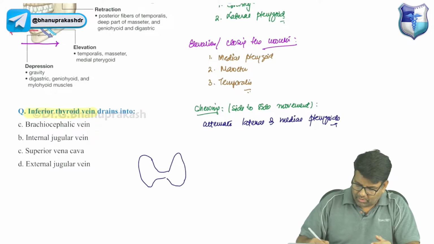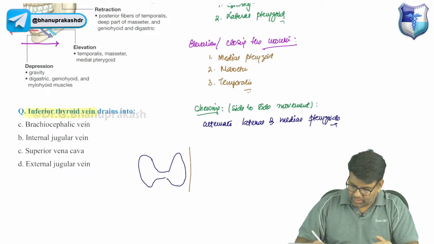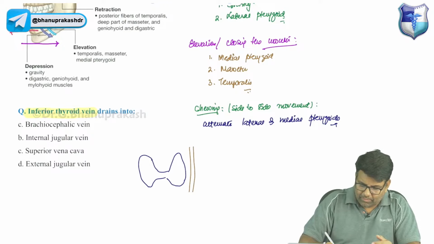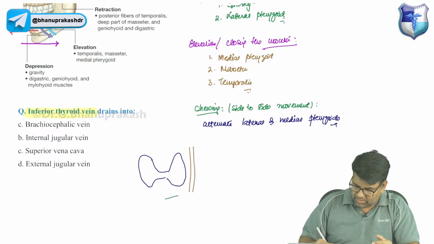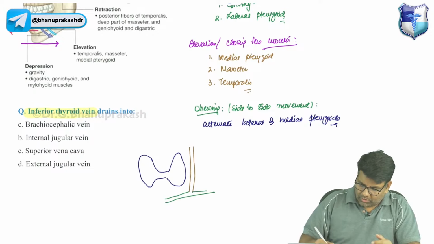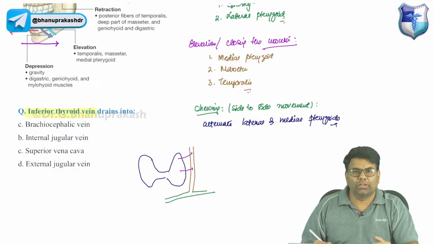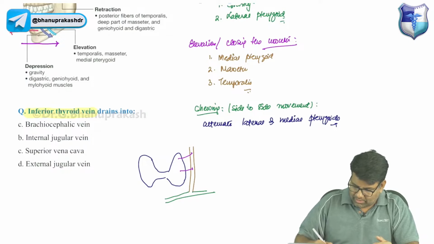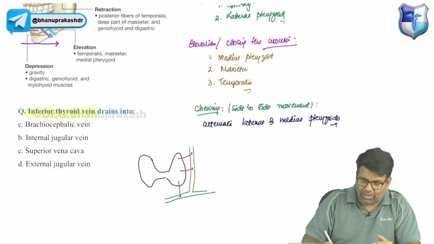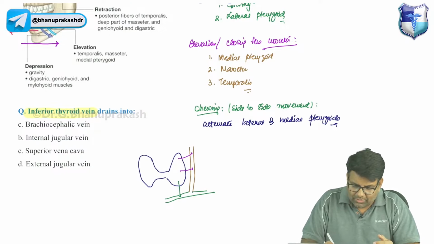Then this is the internal jugular vein and this is the brachiocephalic vein. So the superior and the middle thyroid veins go into the internal jugular vein, whereas the inferior thyroid vein goes directly into the brachiocephalic trunk.